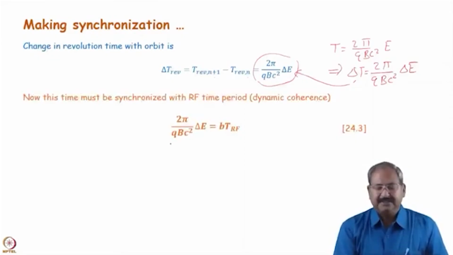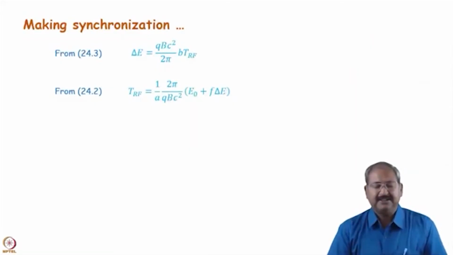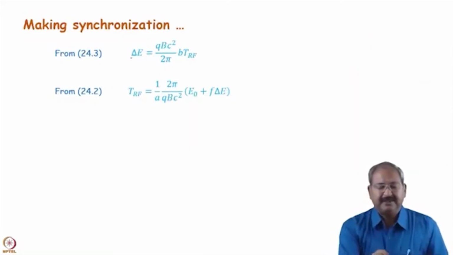Now we know that this 2 pi by qBc square times delta E should be B times T_RF. So for maintaining the synchronization, we calculate delta E is equal to qB square by B times T_RF, and T_RF from the first orbit synchronization comes out like this.